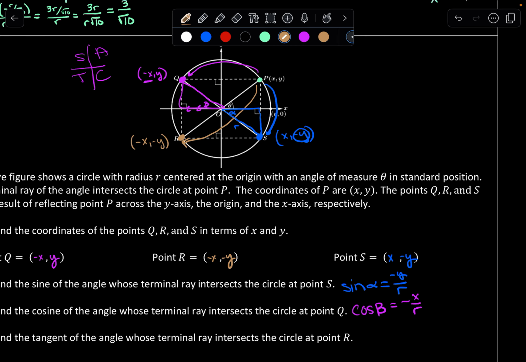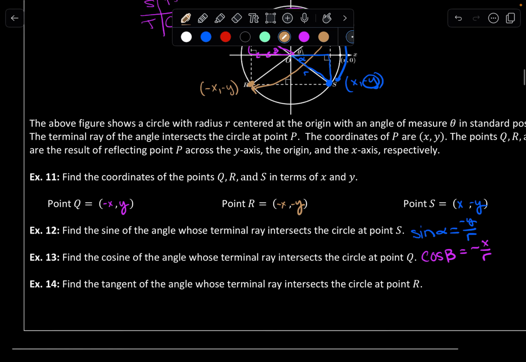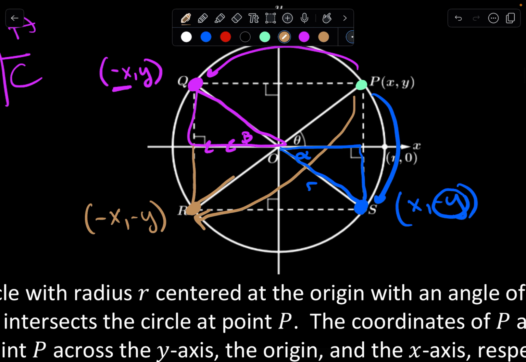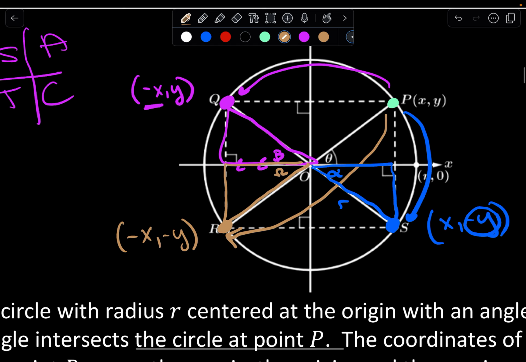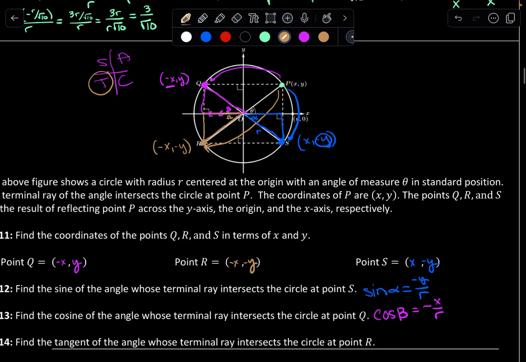The last one is going to be find the tangent of the angle whose terminal ray intersects the circle at point R. So now we're in quadrant 3, and we are looking at this, let's call it omega. And based on this, that means our tangent should be positive in quadrant 3.